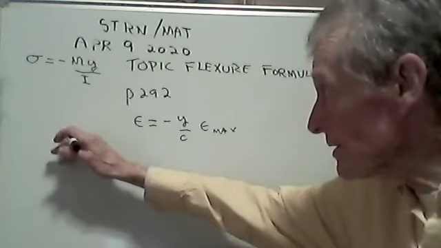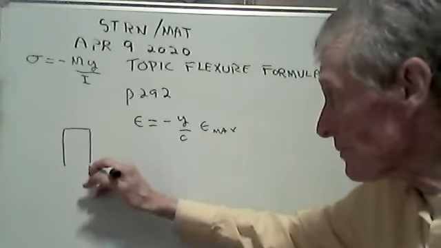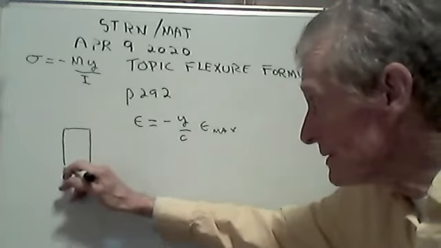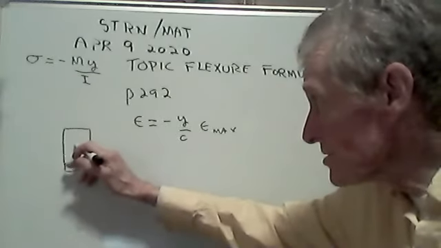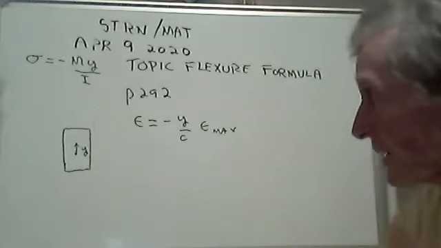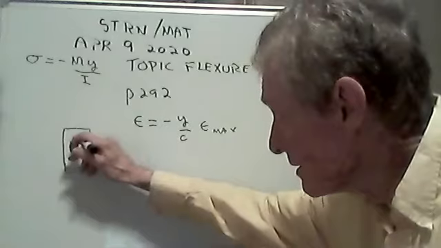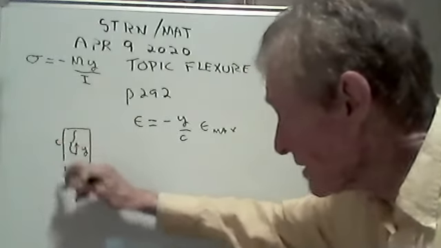This little c here is the maximum value of y. Let me draw you a rectangular beam there. See, this distance here is called y, and it can be positive or negative, but c is the maximum value for y. That's what c is.